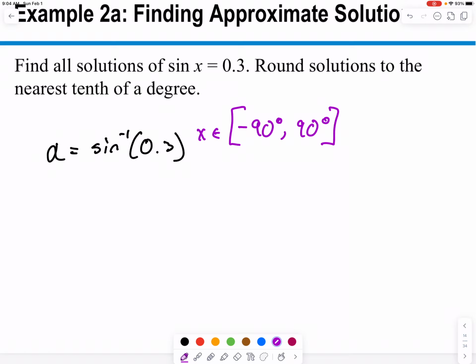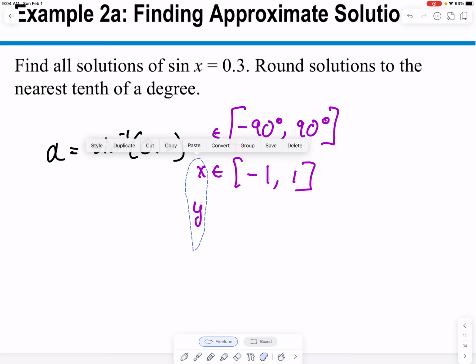Normally this would be our x and this would be our y, negative 1 to 1, right? But when we go to take arcsine, this is going to be our x and this is now our y. Okay, so this is what we did in previous sections. So when we do the arcsine of 0.3, we should get a result between negative 90 and 90.